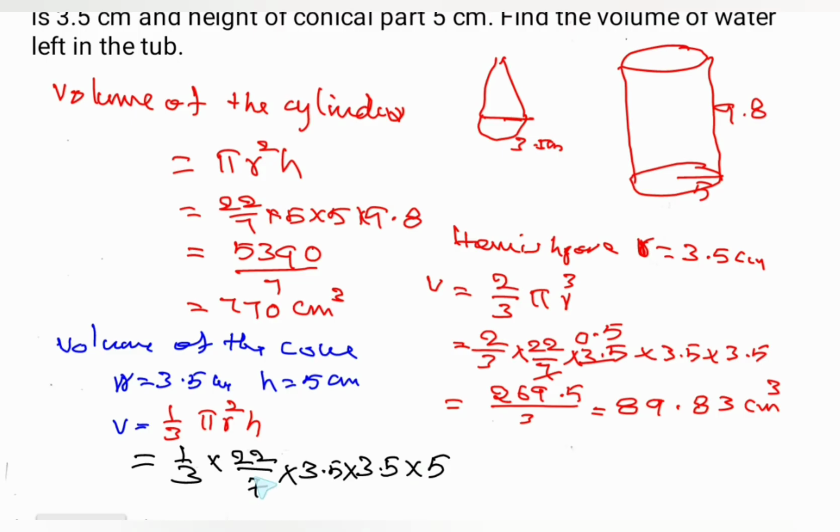So here the 7 and 0.5 cancel, and multiplying the rest we get 192.5 by 3.